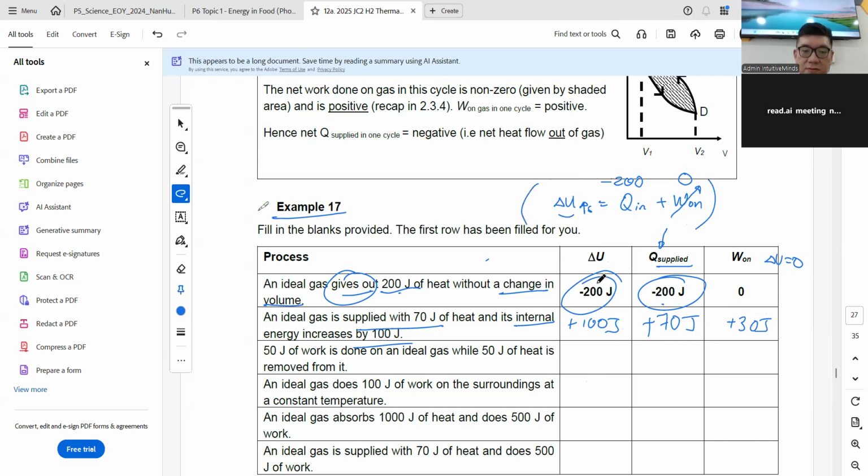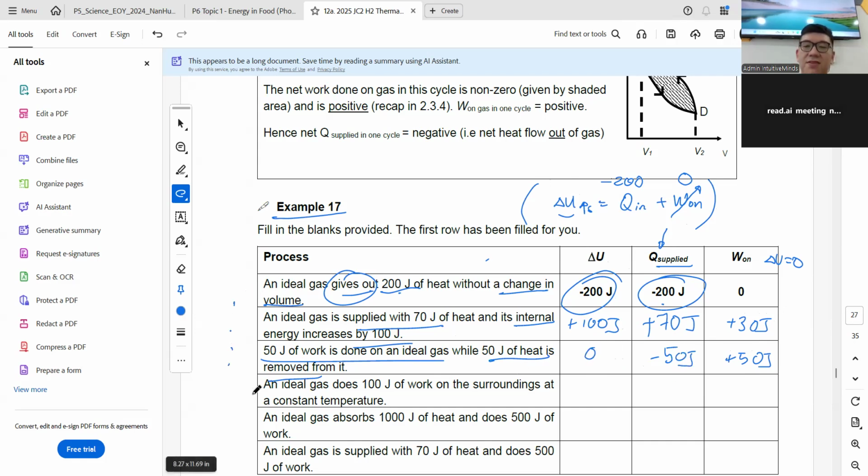Right? So it's based on this. 50 joules of work is done on an ideal gas. So work done here, 50 joules. 50 joules of heat is removed. So minus 50. So this is 0.